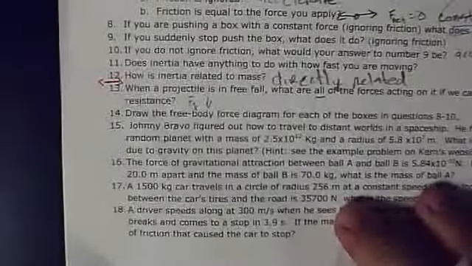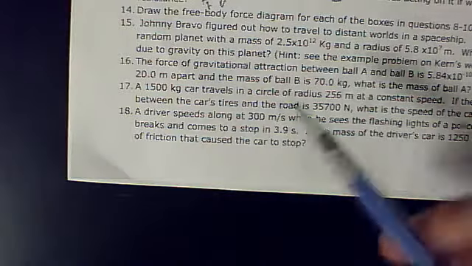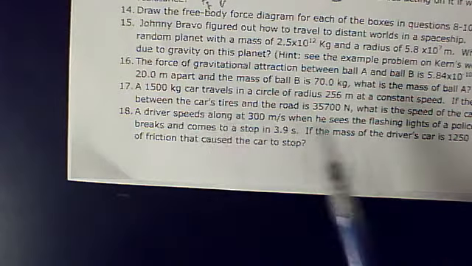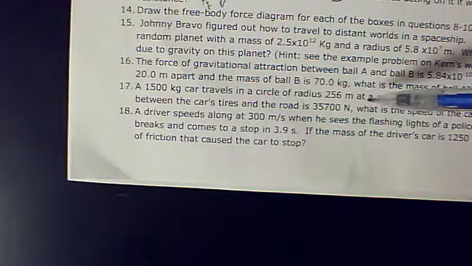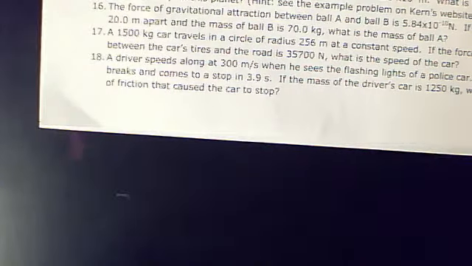Number 17 says a 1,500 kilogram car travels in a circle of radius 256 meters at a constant speed. If the force of friction between the car's tires and the road is 35,700, what is the speed of the car?